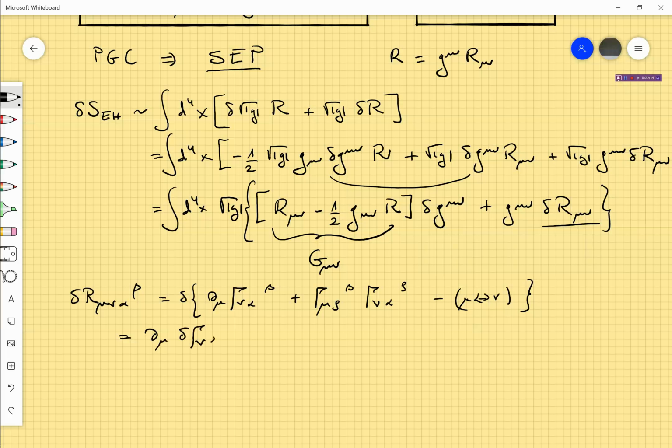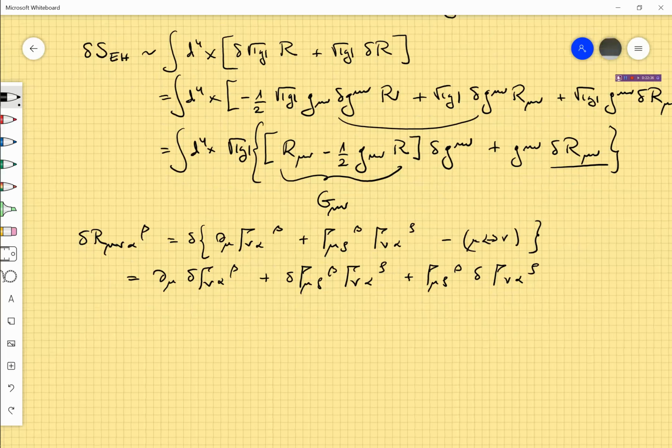So this is why I do it in this way. And now there are two terms, gamma mu rho beta delta gamma mu alpha rho plus gamma mu rho beta delta gamma nu alpha rho.